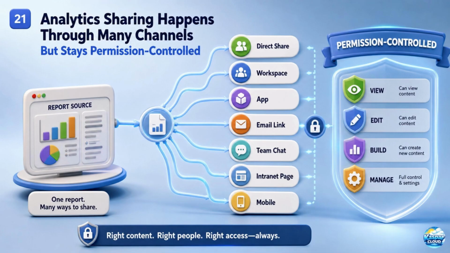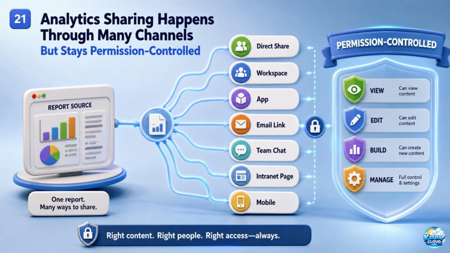Power BI content can be shared in several ways, including direct report sharing, workspace access, app distribution, email links, Microsoft Teams integration, SharePoint embedding, and mobile access. What a user can do with shared content depends on licensing, workspace roles, capacity type, and item-level permissions.